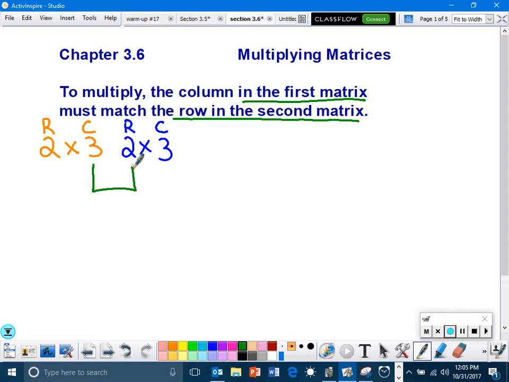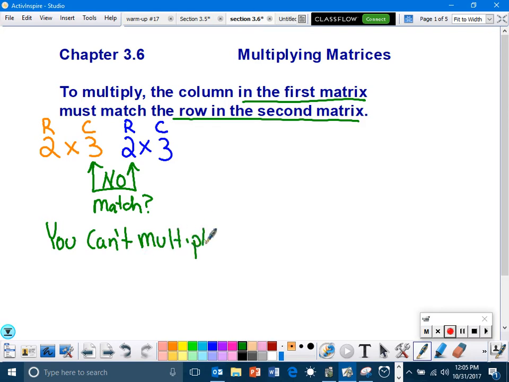So these two must match. Question mark. Well, no, they do not. They do not match. So if you have a matrix that looks like that, you can't multiply them.